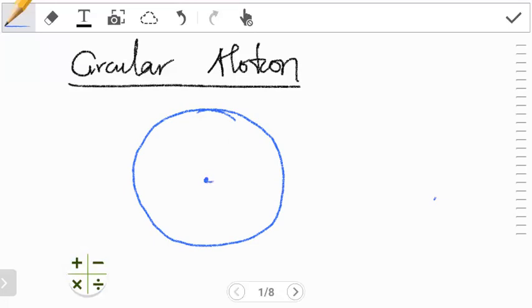Now let's take a circle of radius r, and then we want to track a point P, which is moving along the circumference of this circle.